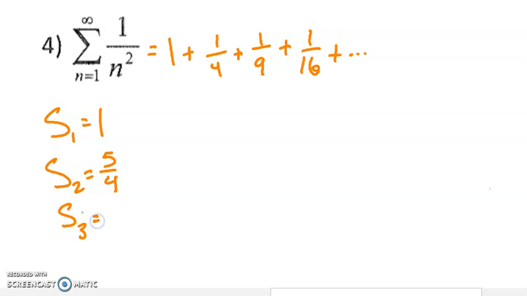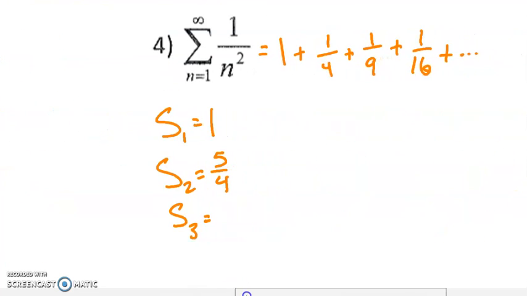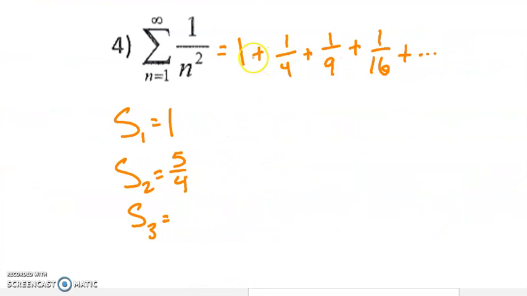In fact, they're going to be growing even more slowly because 1/4 and 1/9 and 1/16 show up in this series. We're missing a whole bunch of terms here: 1/2 and 1/3, 1/5, 1/6, 1/7, 1/8. A whole bunch of terms are left out. So 5/4 plus 1 over 9 is 45 plus 4, which is 49 over 36.